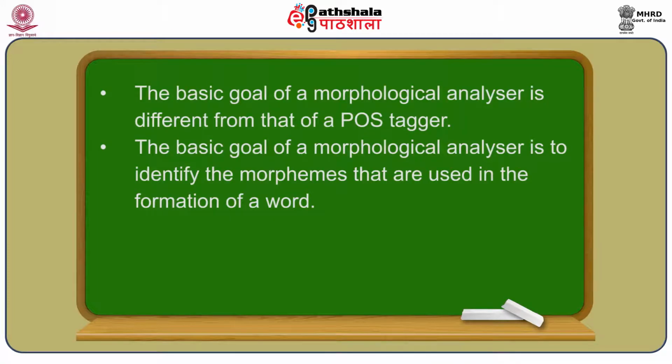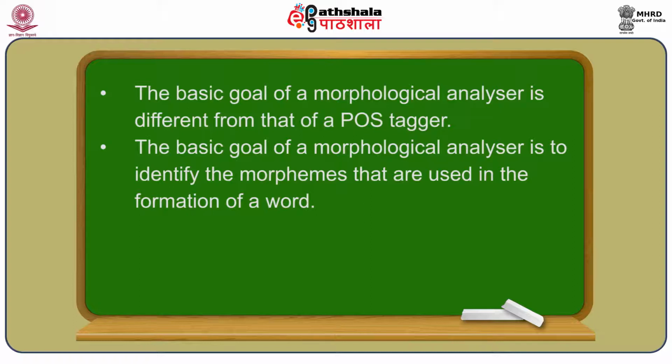No, they are two different things. How are they different? The basic goal of a morphological analyzer is different from that of a parts of speech tagger. Maybe there is some overlap between the two with regard to information. The basic goal of a morphological analyzer is to identify the morphemes that are used in the formation of the word.